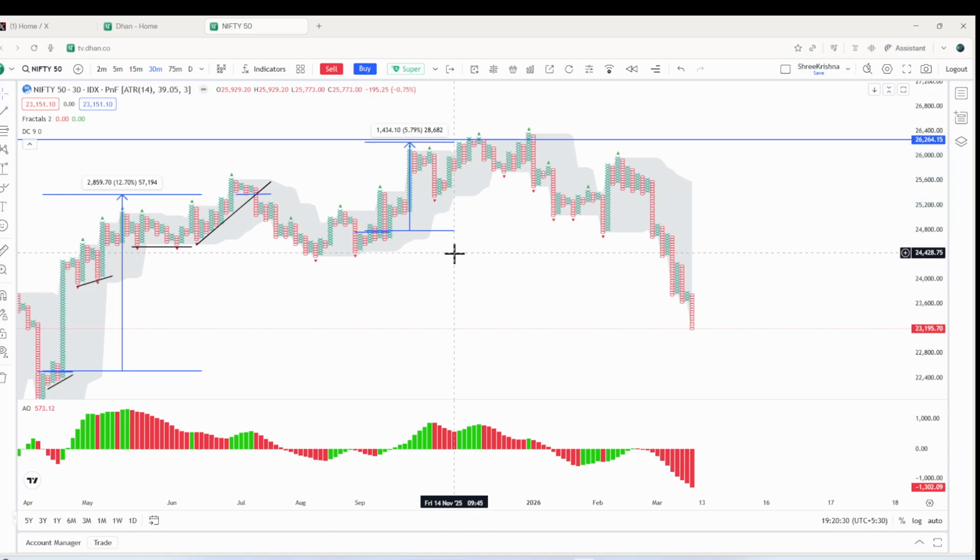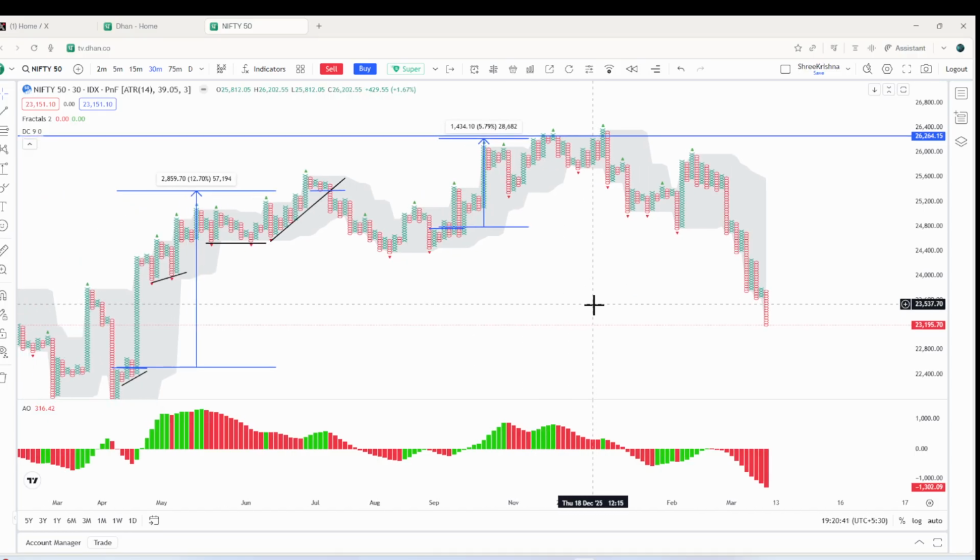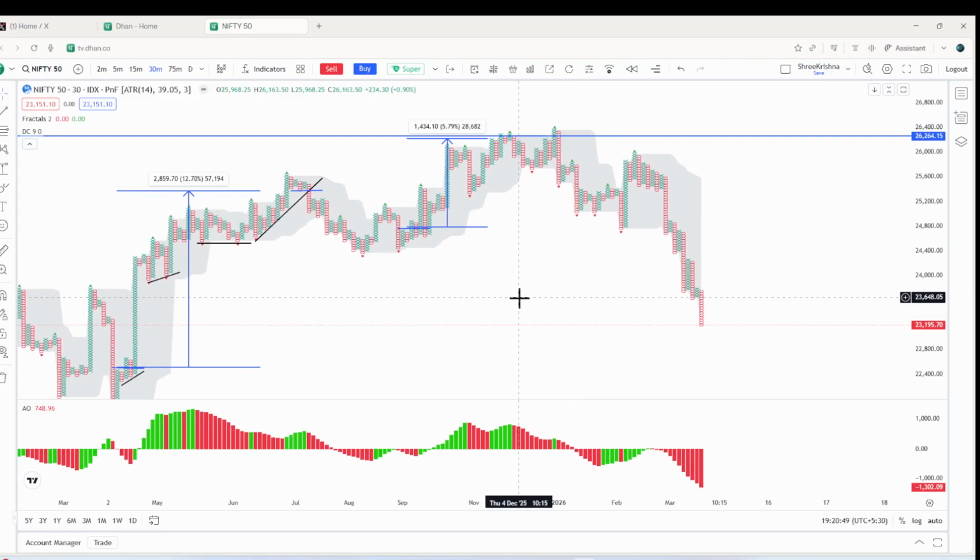So there are two things you can do when you are doing this. The first thing is you can buy Nifty Bs or Bank Nifty Bs. When you buy Nifty Bs, you don't have to roll your contracts.